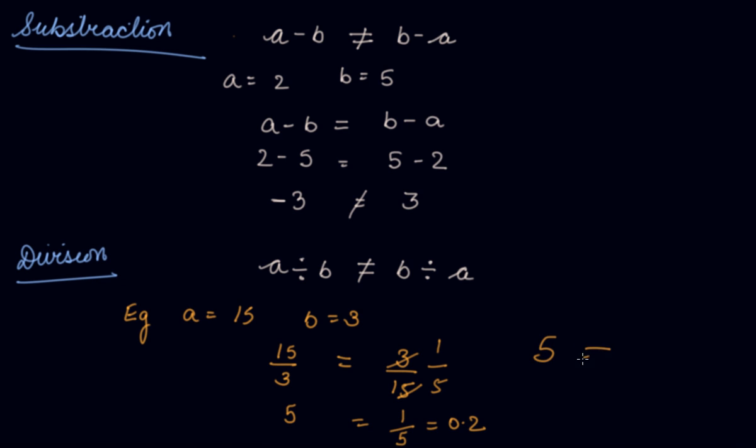So 5 is not equal to 0.2, and moreover 5 is a whole number, whereas 0.2 is not a whole number. So again, in this case, your commutative property holds only in addition and multiplication, not in subtraction and division.